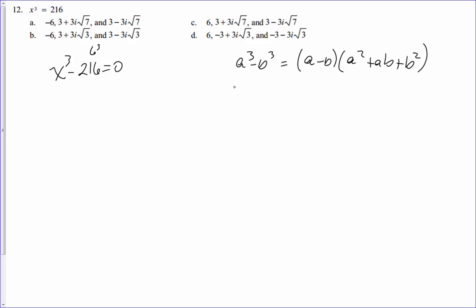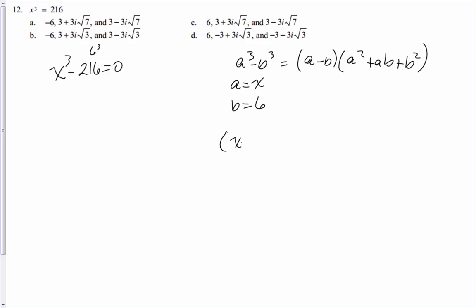In this case, a is simply x because the cube root of x cubed is just x, and b is simply the cube root of 216, which is 6. Because the positive and negatives of the numbers will take care of themselves over here. So we just have to fill in a and b now.